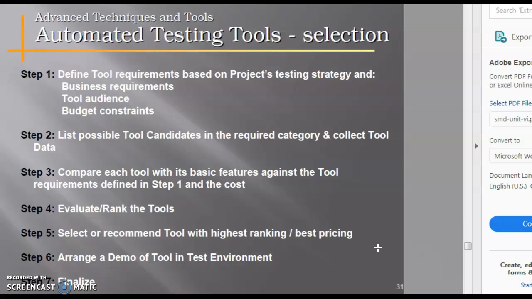Third step is to compare each tool with its basic features against the tool requirements defined in step 1, and the cost. Step 4 is to evaluate the tools. Then next one is to select or recommend tools with the fastest ranking or best pricing. Next step is to arrange a demo of the tools in the test environment, and the last one is to finalize the product.